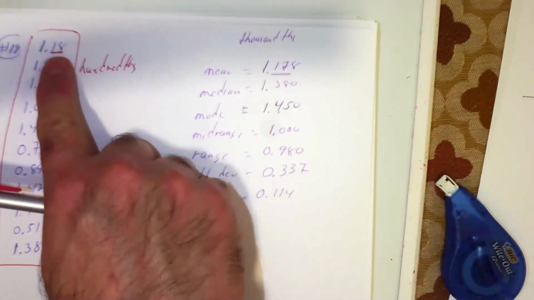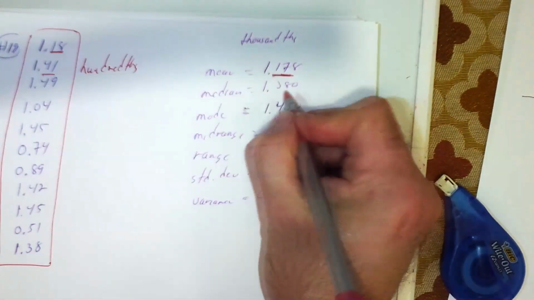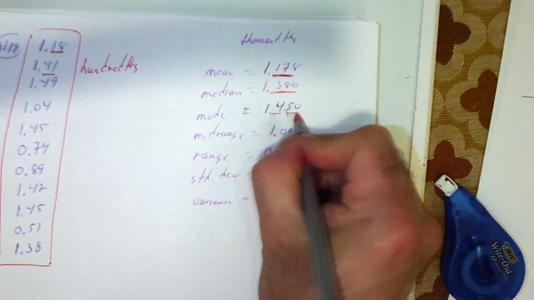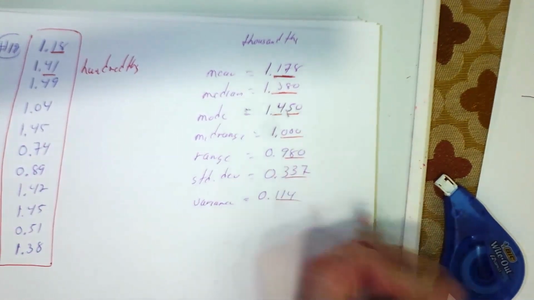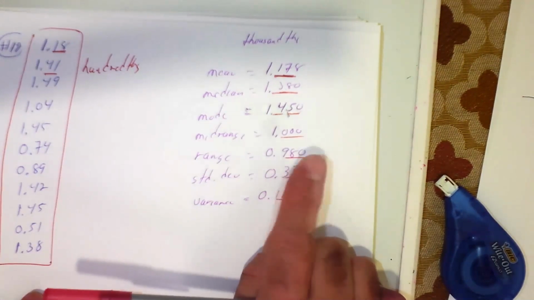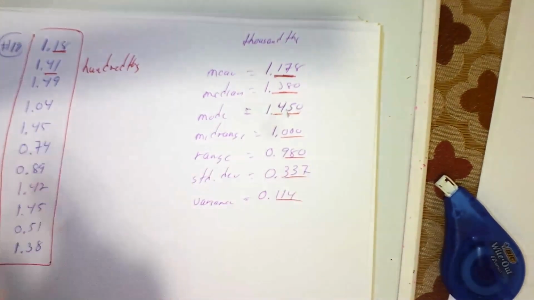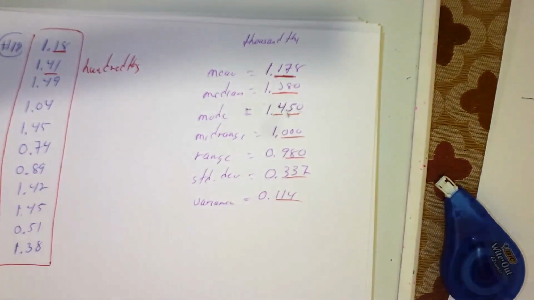Okay, so notice 2 digits, 3 digits, 2, 3. They all have 3 digits behind the decimal because they started out with 2. This side has to have 1 more than the original. Okay, that's how it works. That's how the rounding rules work.